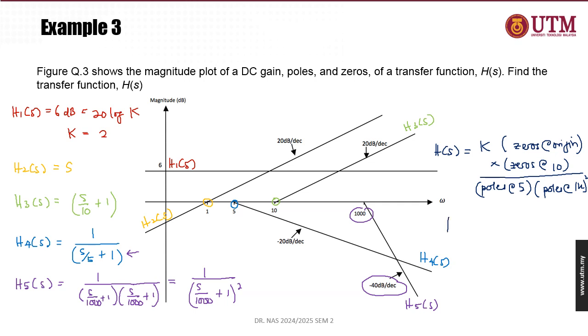So therefore your H(s) equal to, your K just now is 2, and then you have zeros at origin s, and you have zeros at 10, so (s divided by 10 plus 1), divided by poles at 5, so (s over 5 plus 1), and you have poles at 1000, (s over 1000 plus 1) squared.